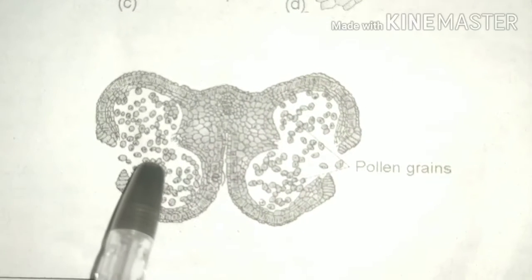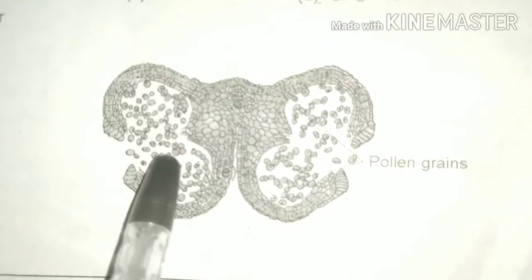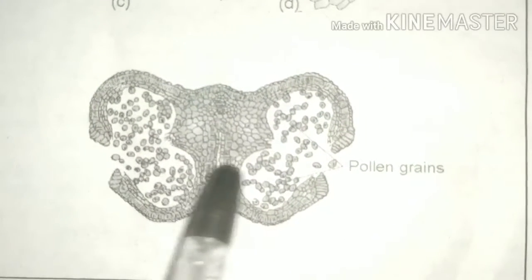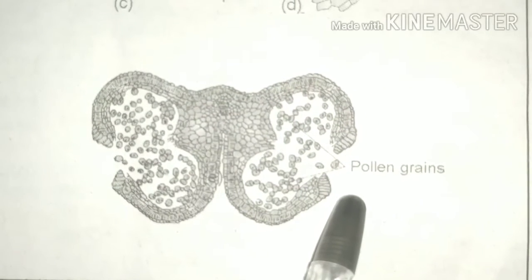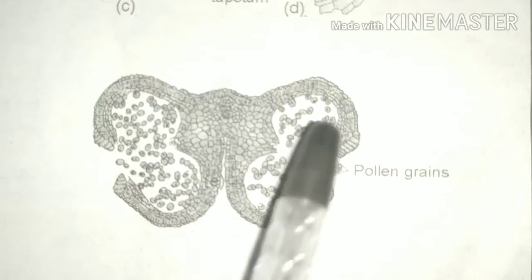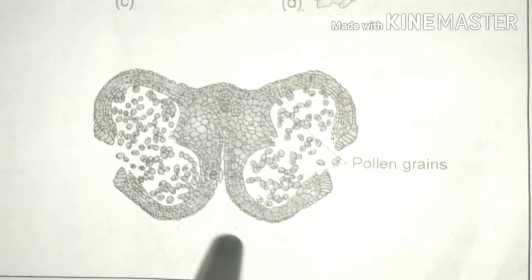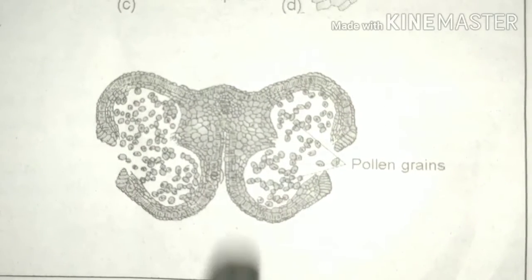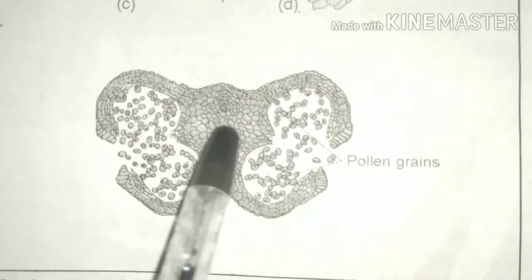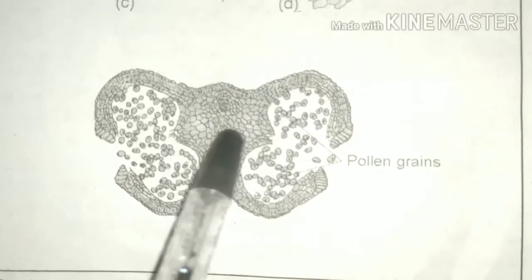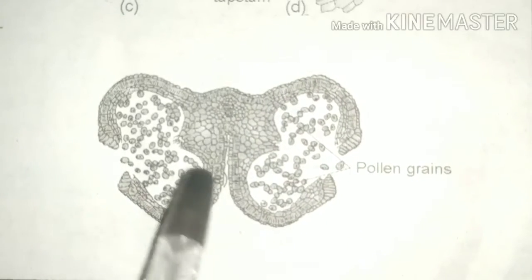From this side, all microspores are poured outside from the microsporangium wall, and it is the sterile part of anther or connective.